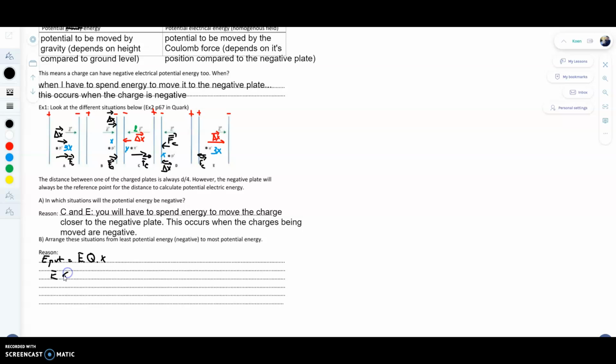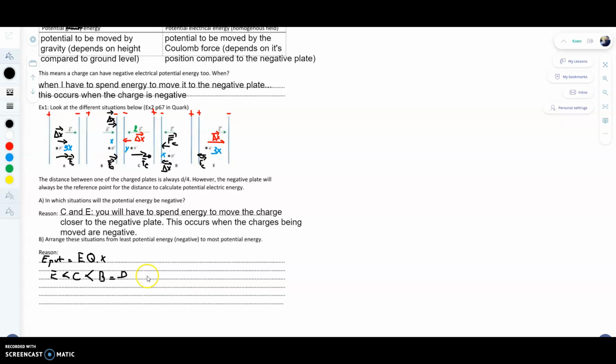So E is the most negative situation, most negative potential energy, followed by C. The next ones in line will be the positive potential energies, meaning A, B, or D. Now in this case, B and D have the same distance and the same electric field, meaning they are essentially mirror images of each other.